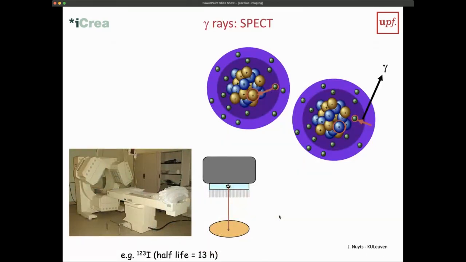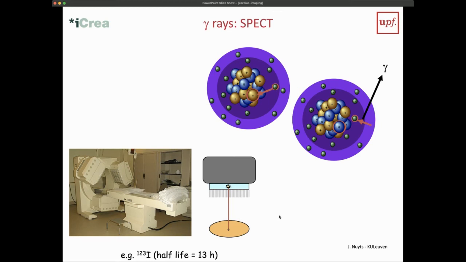Then we have nuclear medicine. What we do with nuclear medicine, for example with SPECT imaging, is we inject radioactive material into the bloodstream. And then we look at the dynamics of this, how it is being integrated and how it takes part in metabolic processes and where it would be trapped within the body.